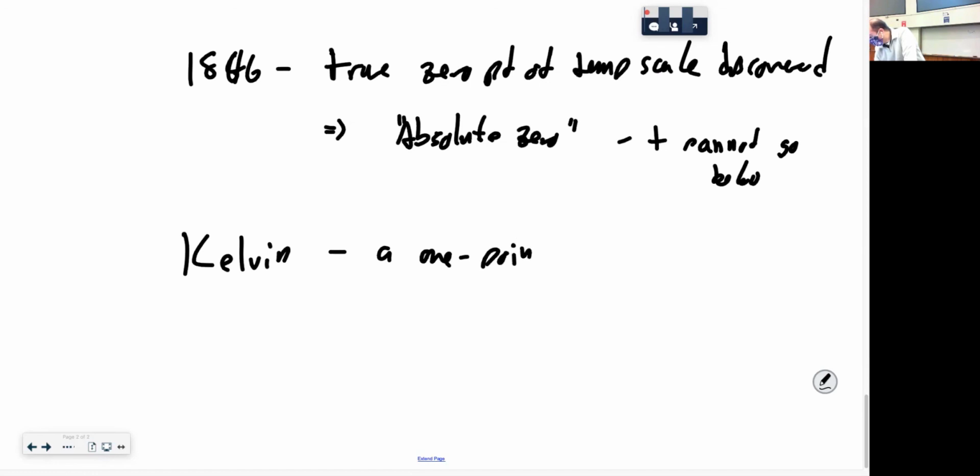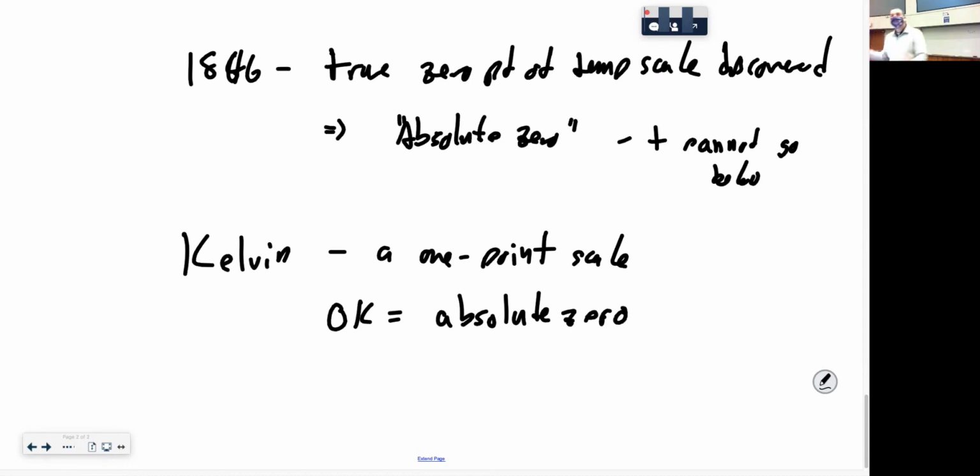A 1-point scale. 0 is 0, and that's what we're defining as our base. So 0 K is absolute 0. How is this defined? We don't need the degrees anymore. You can say 0 kelvins. You can say 10 kelvins. You can say 150 kelvins.